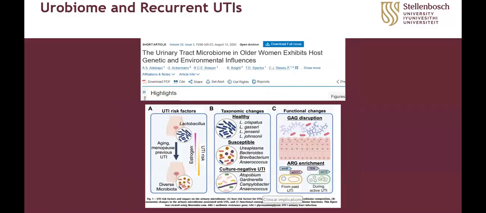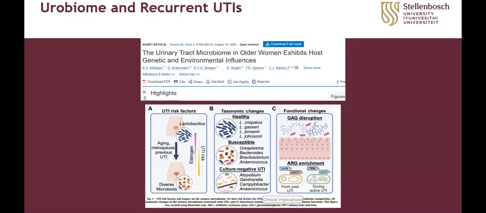So, the literature: this was a urinary tract microbiome study. They tried to see how host genetics and environmental factors influence each other. It was done in the UK, part of a bigger twin study where they looked at 1,600 twins, took urine samples, and tried to estimate the contribution of genetic and environmental factors to microbiome variation.